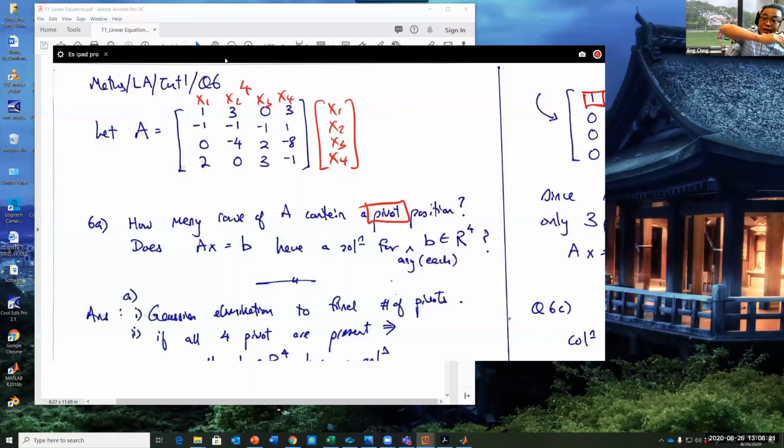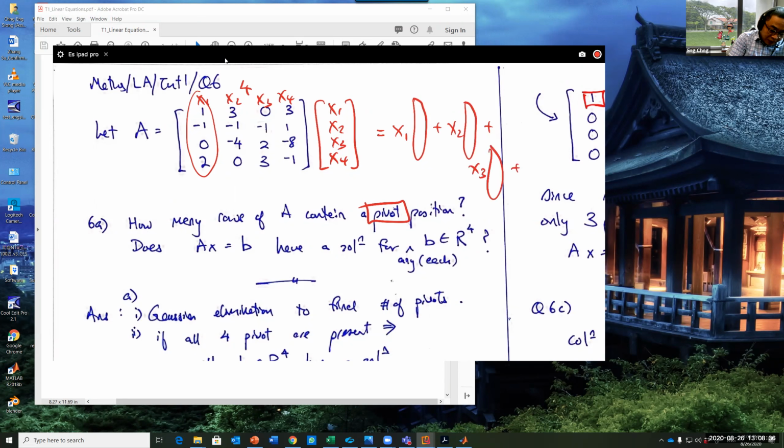It's because matrix vector multiplication is doing nothing but x1 times the first column plus x2 times the second column plus x3 times the third column plus x4 times the fourth column. Now, prove it to yourself that this is true. Once you understand this, you understand that I'm putting the variables on top of each column because I want to identify who they are multiplying against.